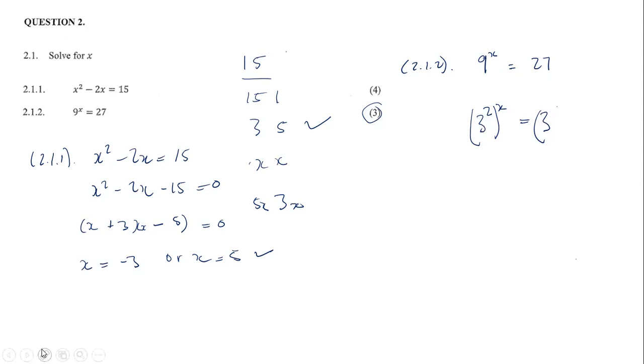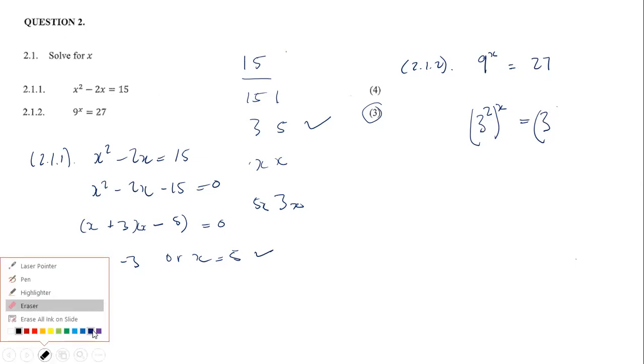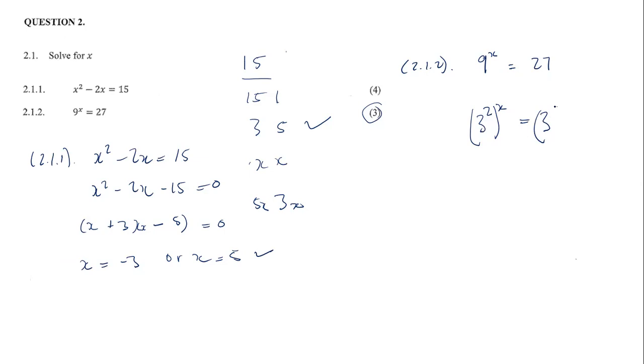We all agree with that. It's going to be 3 to the power of 3. So you're going to write it nicely, and it's going to look like this. Now, let's take 2 out of the bracket. So, meaning we're going to have 3 to the power of 2x. And this side, we're going to have 3 to the power of 3.